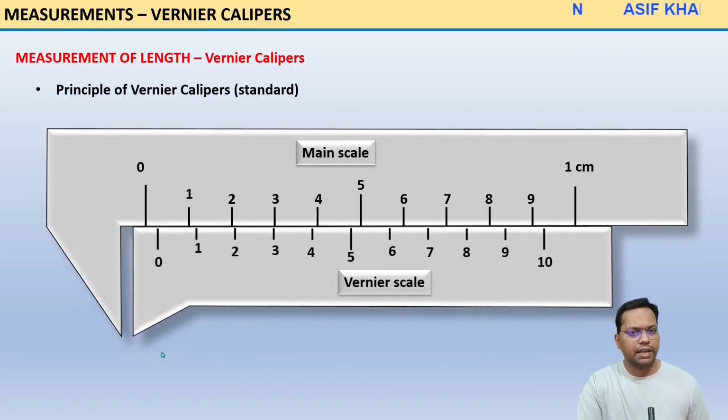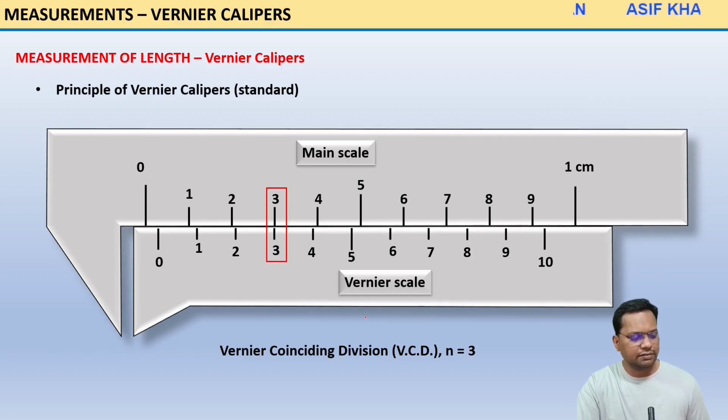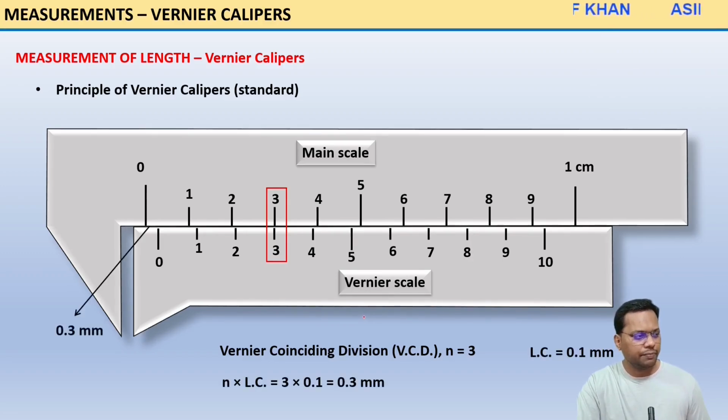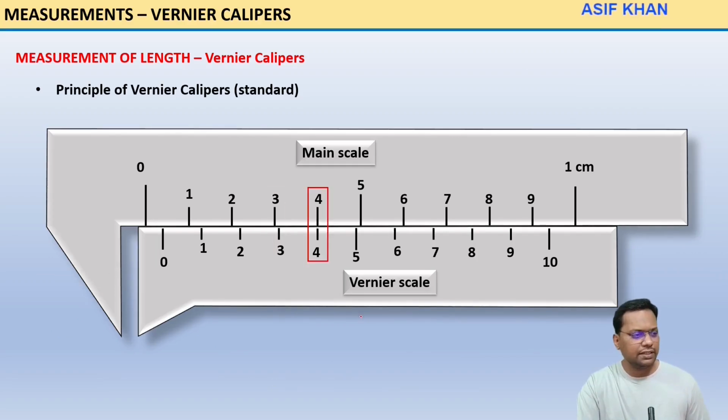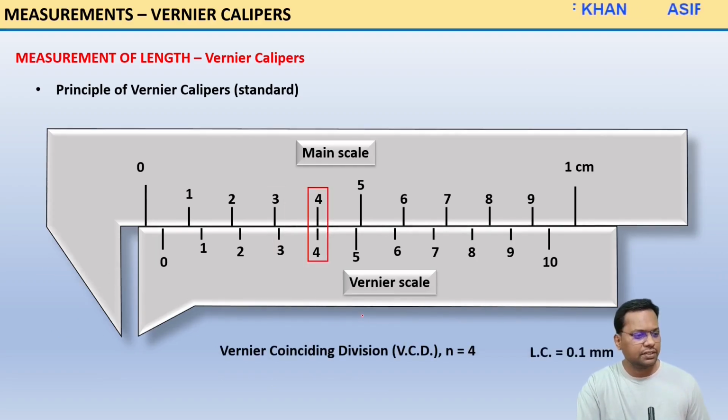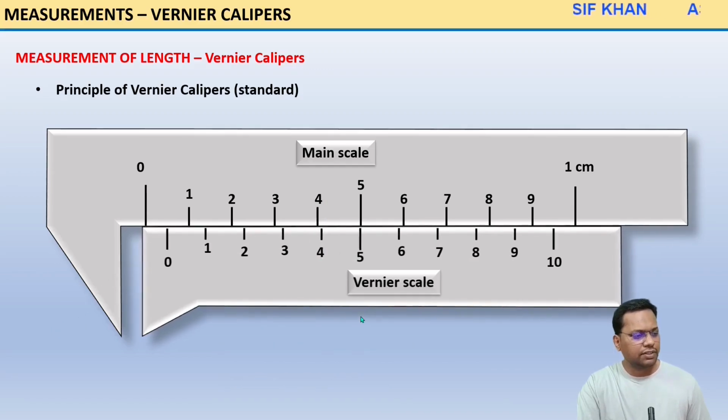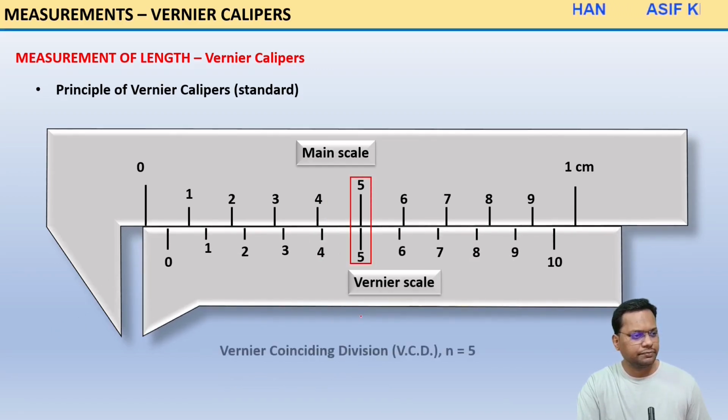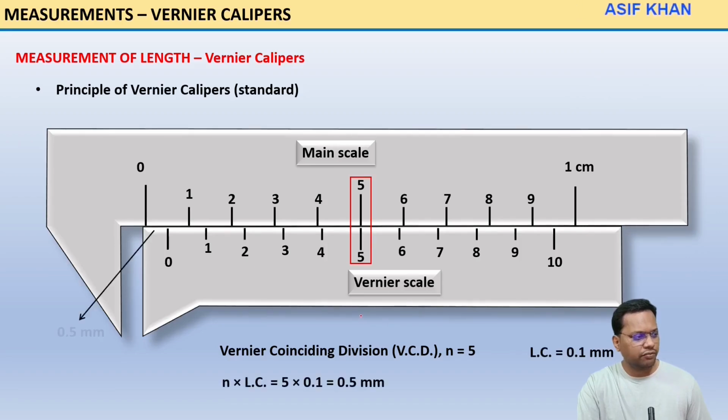The same thing happens when the third division is coinciding: the Vernier coinciding division is 3 and the least count is 0.1, so the gap between the two zero lines, that is the gap between the two jaws, will be 0.3 mm. Similarly, when the fourth divisions are coinciding with each other, you get the distance between the two zero lines as 0.4 mm. And for the fifth one, it is 0.5 mm.